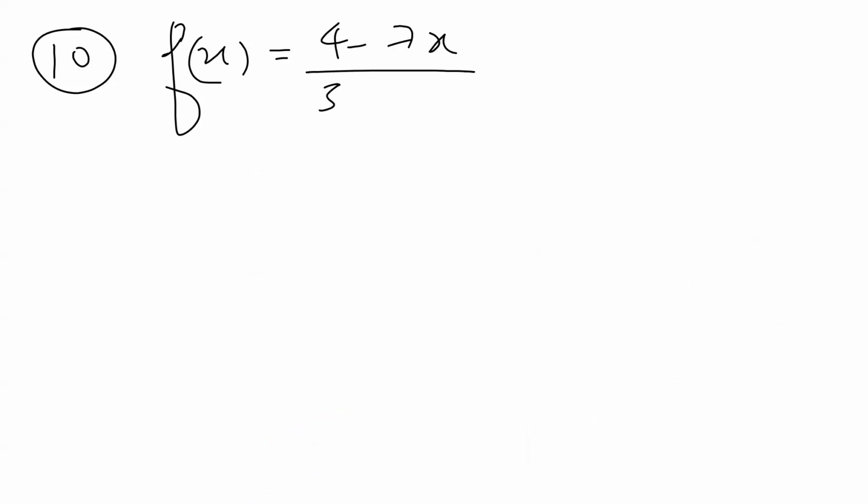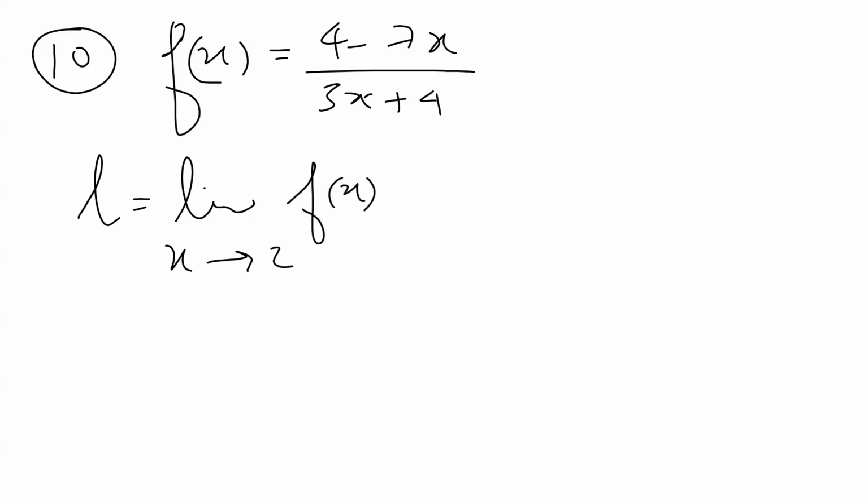Question number 10. F of x is equal to 4 minus 7x upon 3x plus 4. L is nothing but the limit of x approaching 2 of f of x.